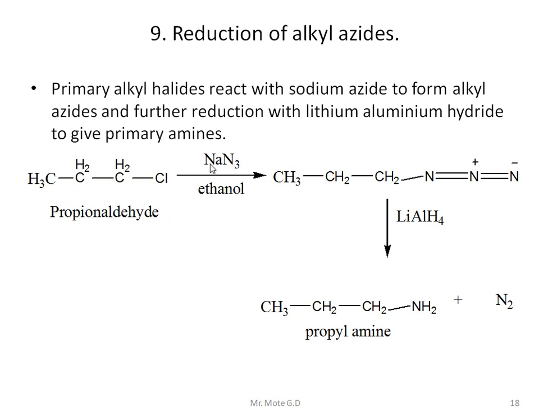Propyl halide treated with sodium azide in presence of ethanol to form propyl azide, and this is going to be treated with the reducing agent lithium aluminum hydride, and it will produce propylamine, and it will reduce to form nitrogen gas.